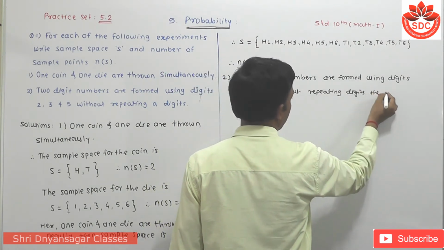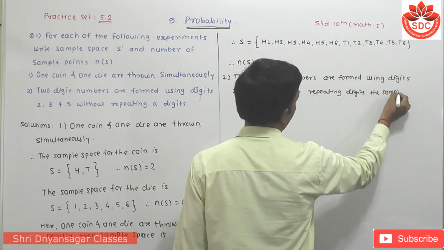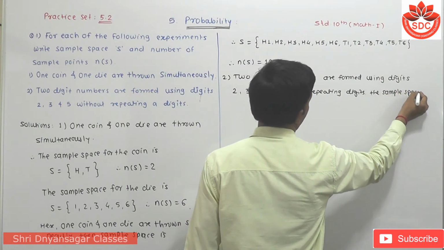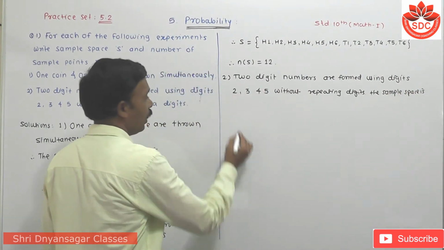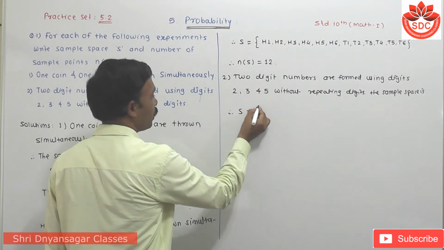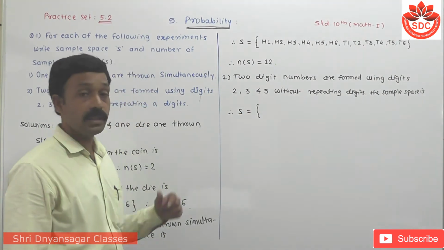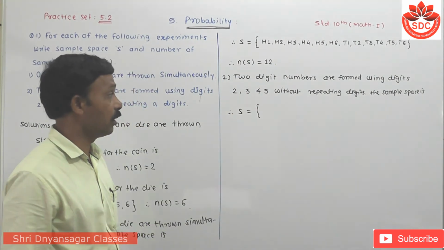The sample space is without repetition of the digit. We have to write the sample points of the two-digit numbers.